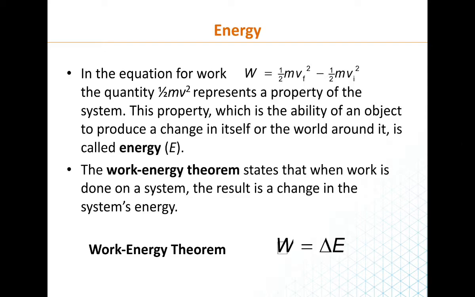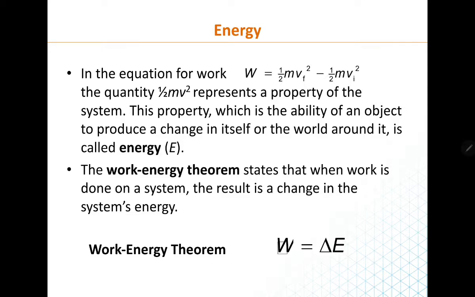This property, which is the ability of an object to produce a change in itself or the world around it, is called energy, and its symbol is E. So here we can put a definition for energy. The definition of energy is the ability of an object to produce a change in itself or the world around it, and its symbol is E.